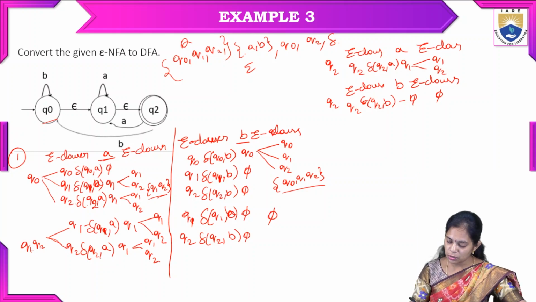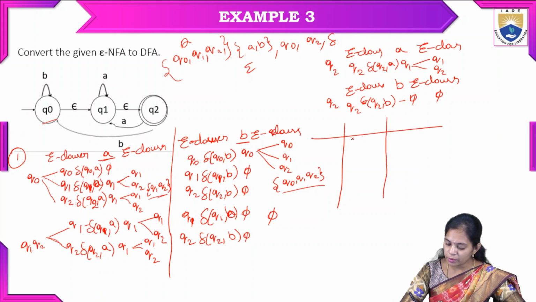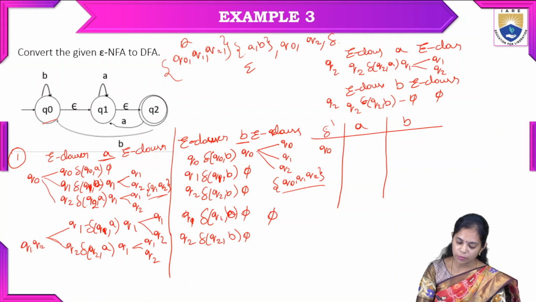So what is the transition table we need to find? Whatever result we have, we need to find all the states. So here Q1 and Q2 are there. First transition delta, and what is the value? A comma B. And for Q0, if you observe, Q0 is the initial state, and this is the one result.